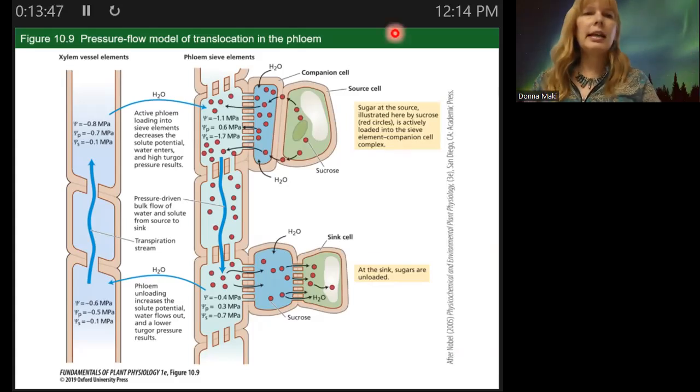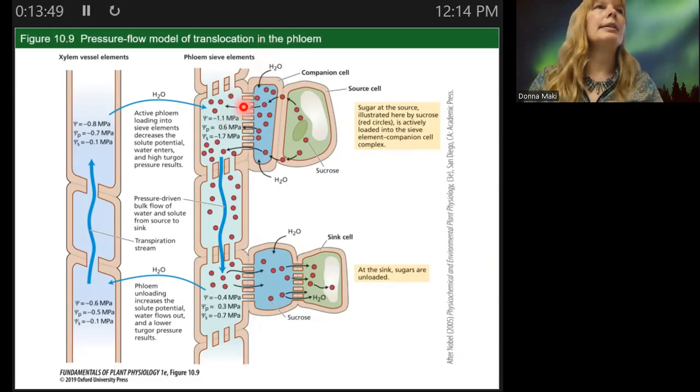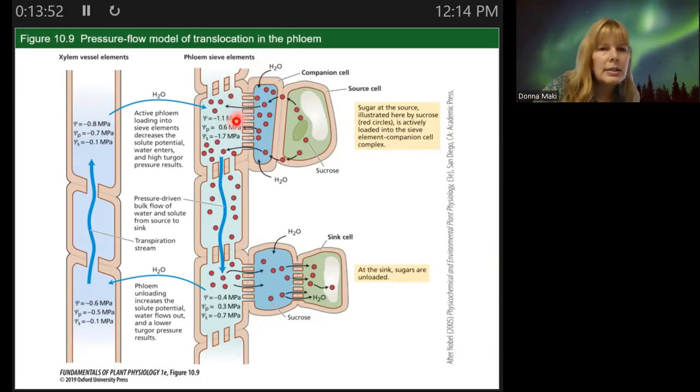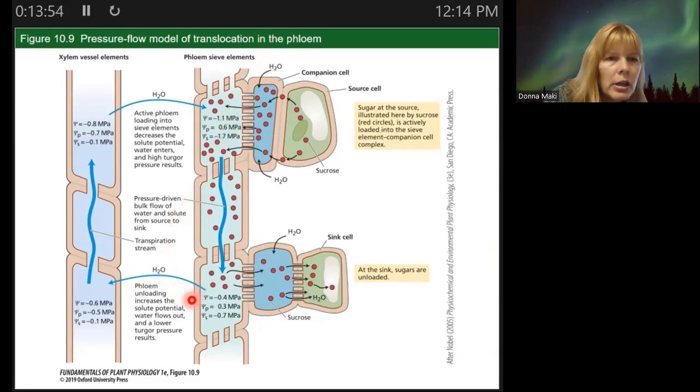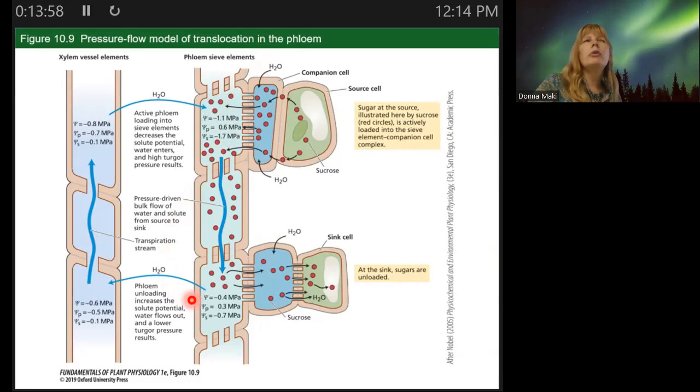It says that it's negative 1.1 megapascals. Now let's go down to the sink and the overall water potential, eek, it's negative 0.4. So which of those two values is less negative?